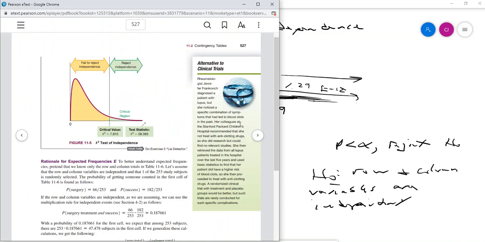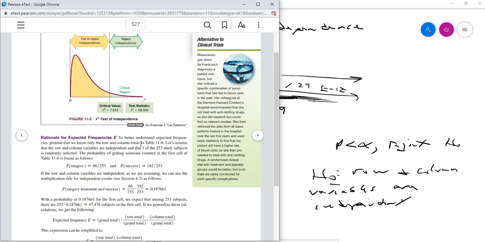And another thing that he talks about here is, let's say that we wanted to look at, here's a rationale for expected frequencies. To better understand expected frequencies, pretend that we know only the row and column totals in table 11.6. Let's assume that the row and column variables are independent and that one of the 253 study subjects is randomly selected.